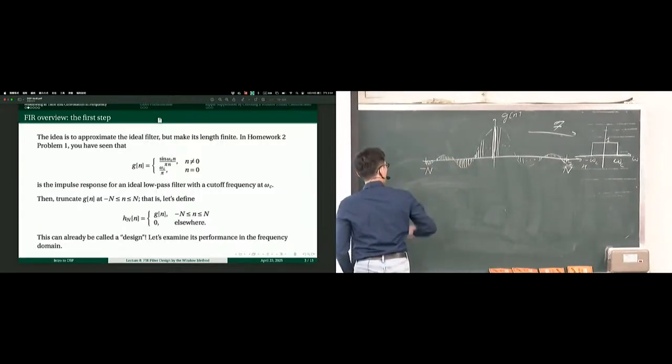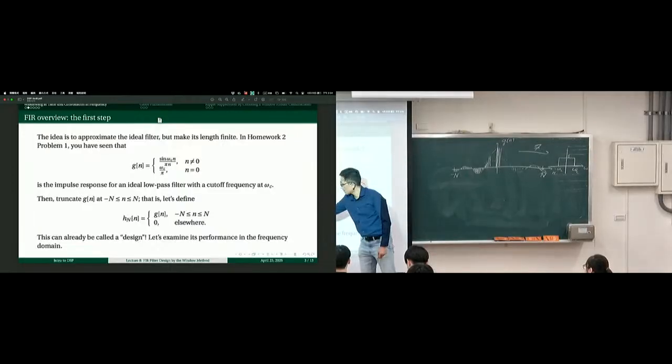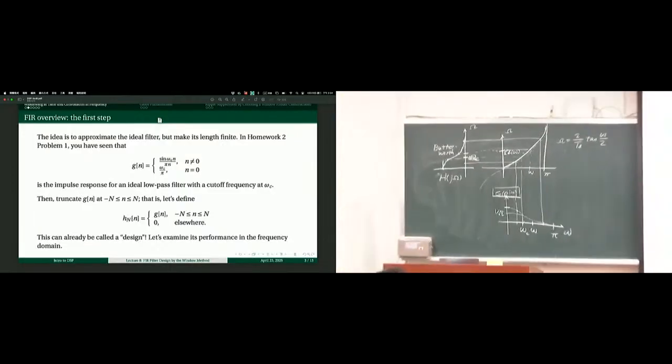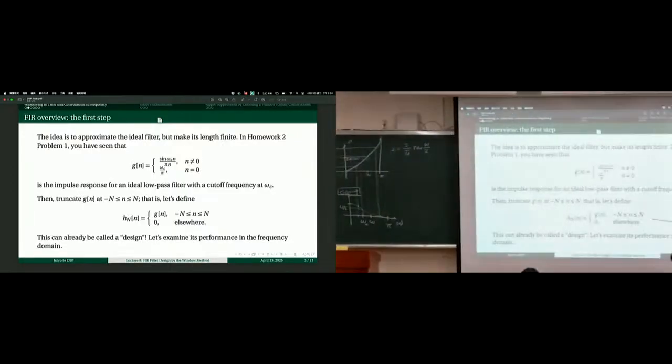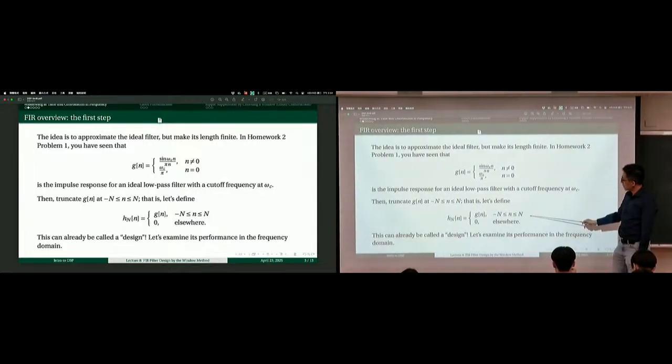How about just keeping the middle part? We define a filter which now has finitely many non-zero samples, non-zero only in the region from minus n to plus n. Truncation: just set it to 0 everywhere else.